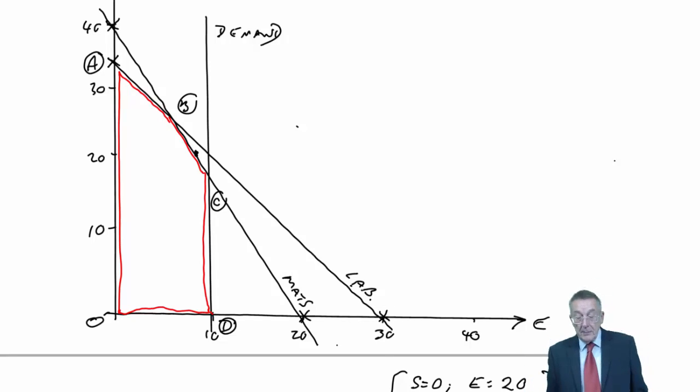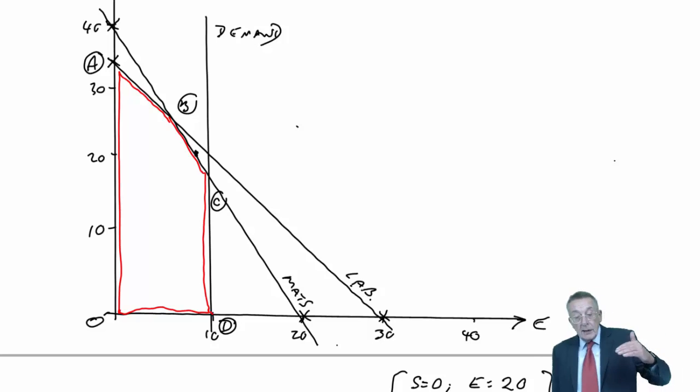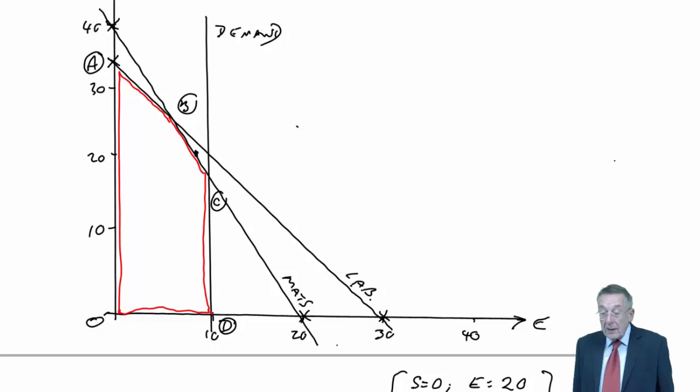No, not very neat, but still. Any answer we end up with must lie either inside or on the edge of that red area there, the red outline. If we leave the red outline, then we'll be breaking at least one of the constraints.